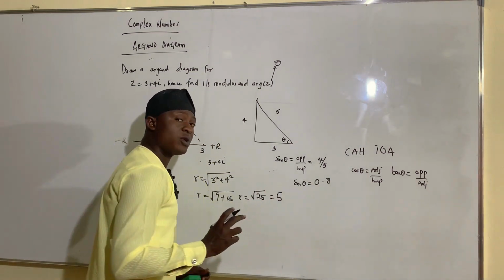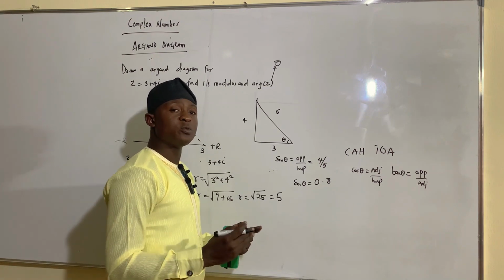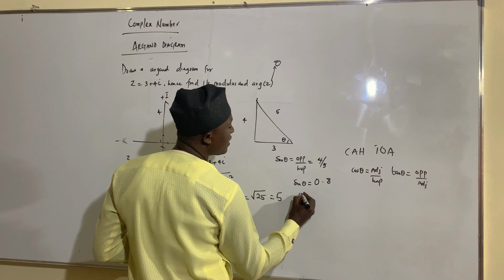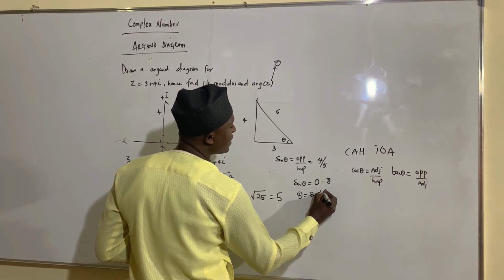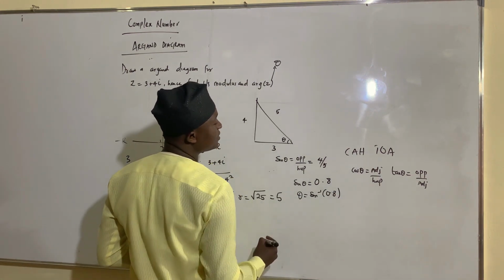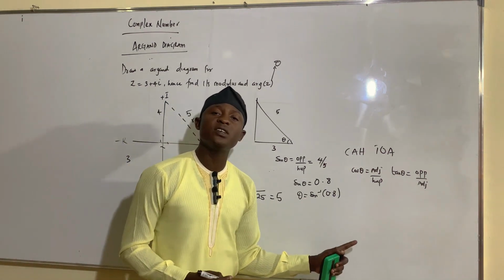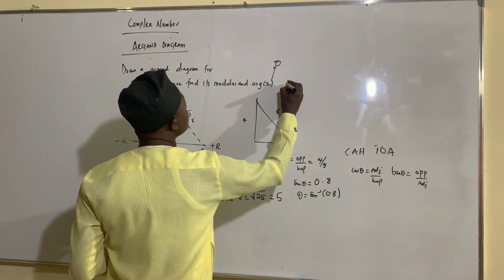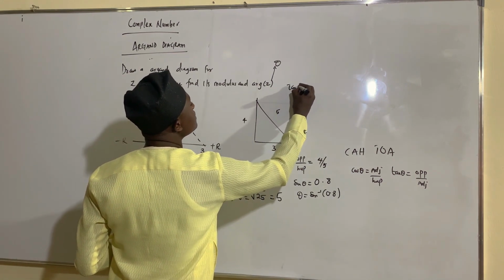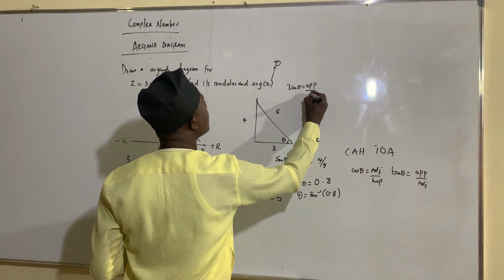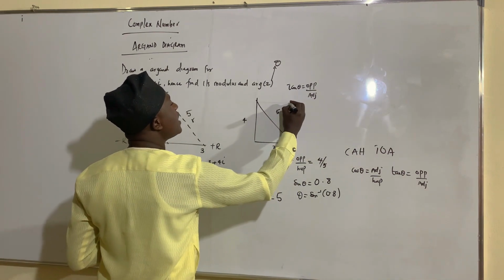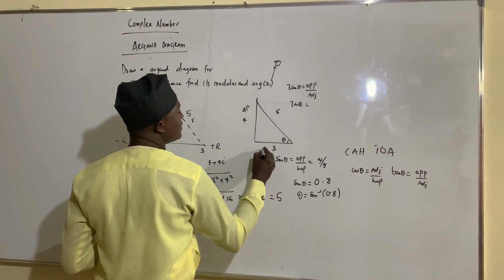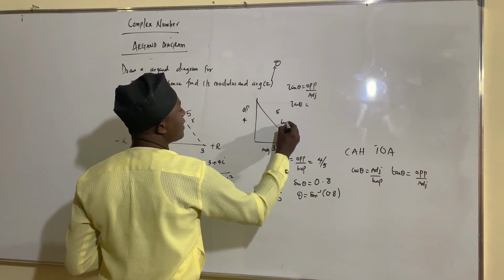So I will leave one exercise for you to do. Press the sine inverse and confirm that the three results are the same. So here theta is sine inverse of 0.8. Whatever you get for the sine inverse of 0.8, I will still check with cos or tan. If I want to use tan, tan is opposite over adjacent. So tan theta is equal to, from this shape, opposite over adjacent.